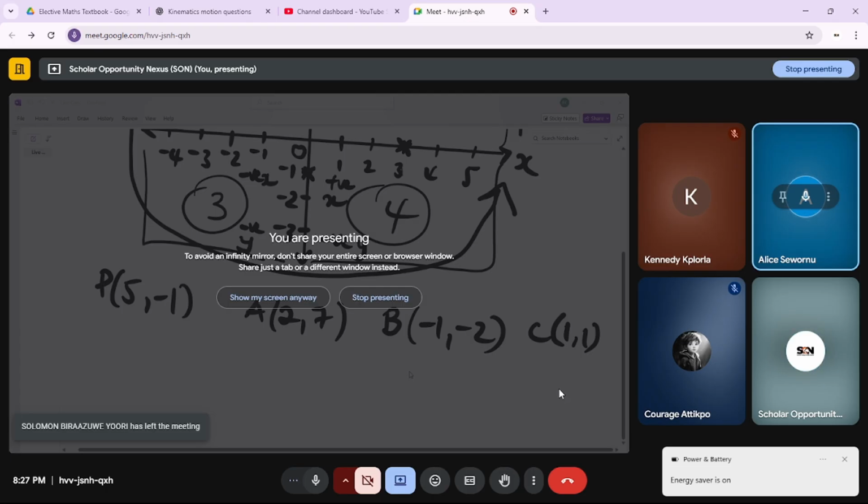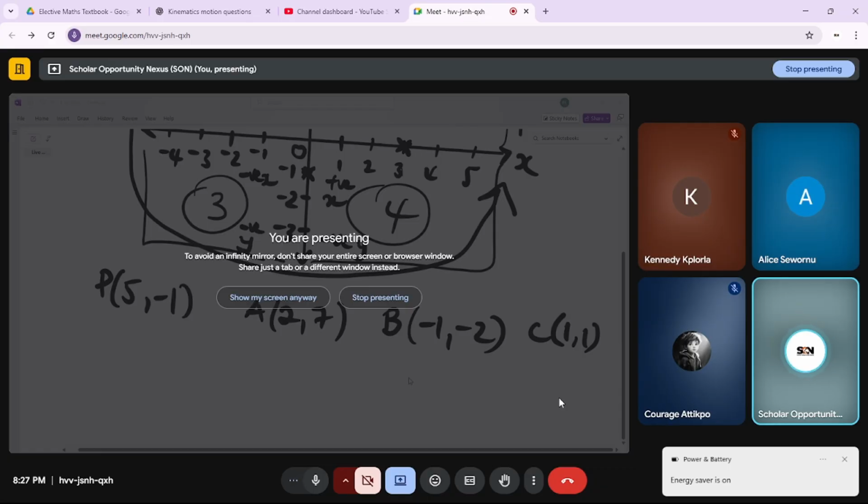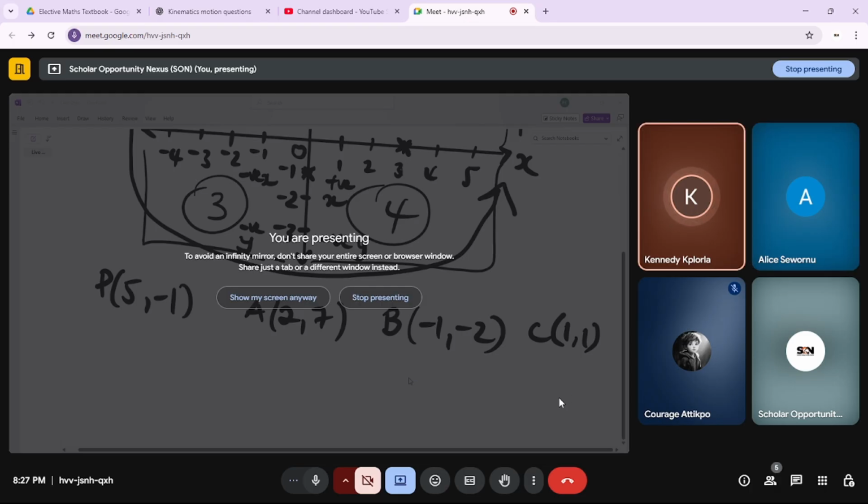Let's go with the first point first. Which quadrant do you think it belongs to? Fourth quadrant. Which point? Point P, fourth quadrant. Why do you think so? Because the x is positive and the y is negative. Okay. What about A?